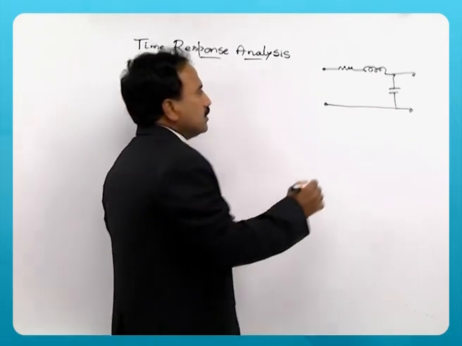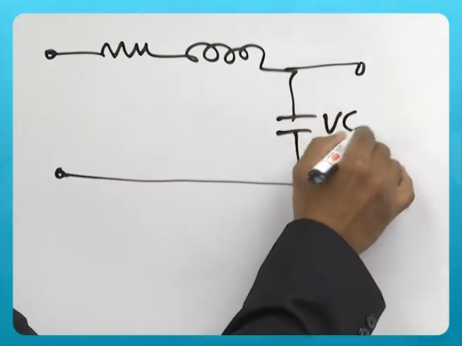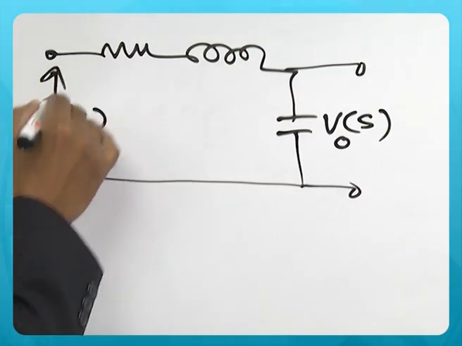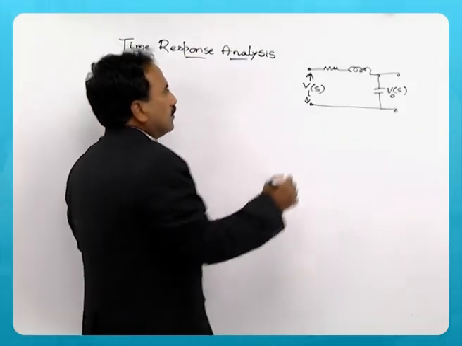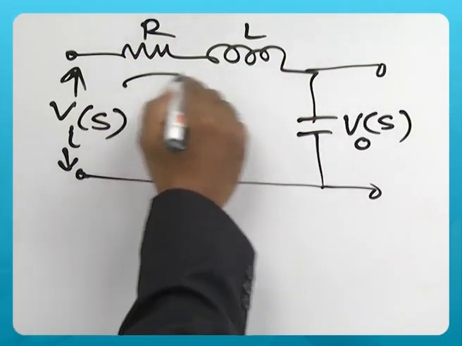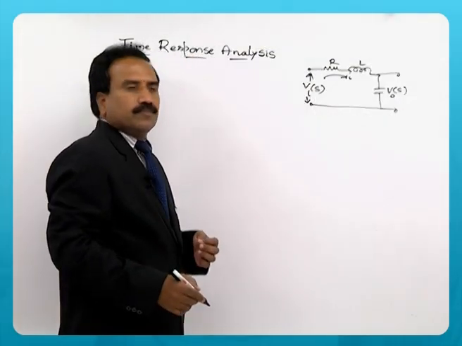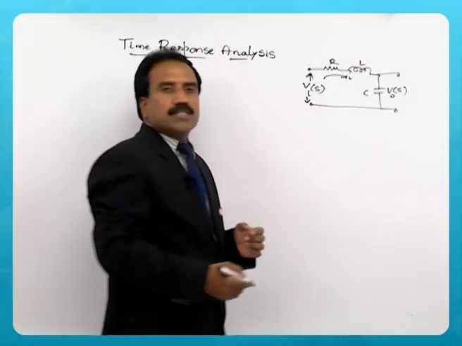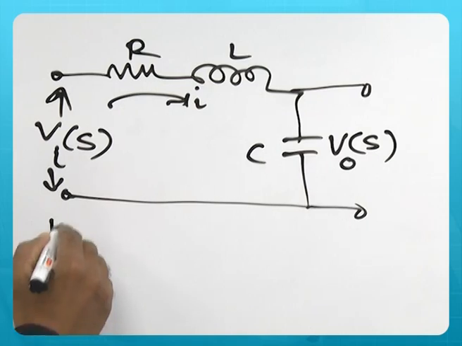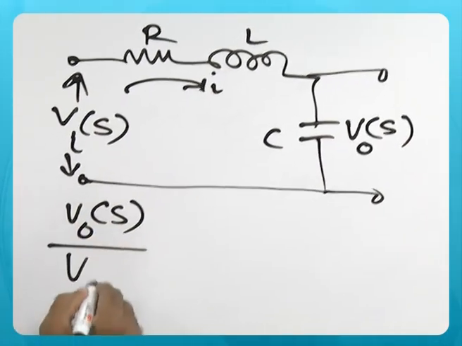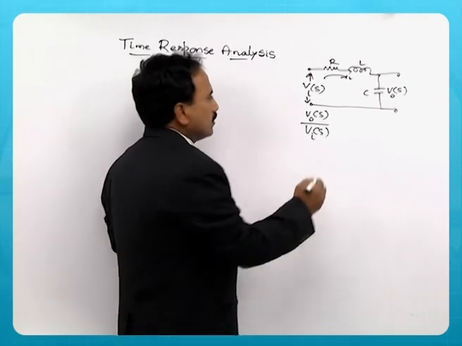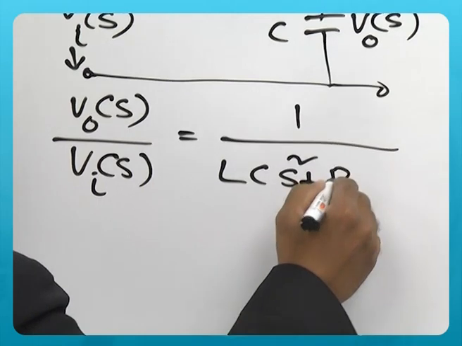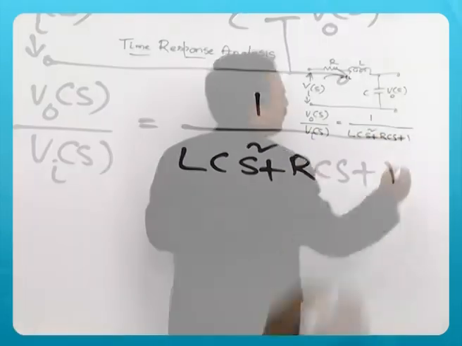The voltage across the capacitor is the response, that is V naught of S, and the input voltage is Vi of S. Now, if you see the current I that flows through this R, L and C, and the voltage across the capacitor is developed, the transfer function V0 of S by Vi of S is 1 by LC S square plus RCS plus 1.